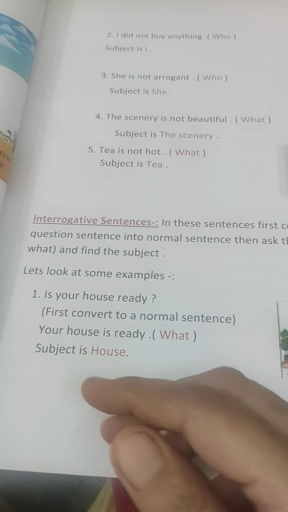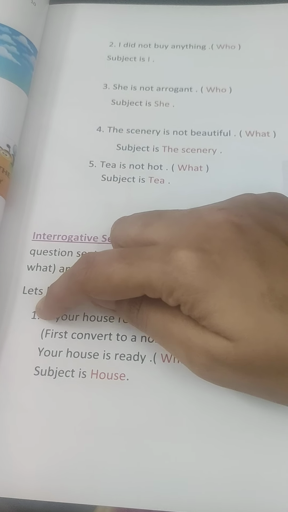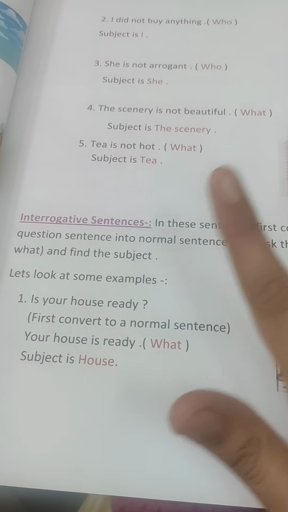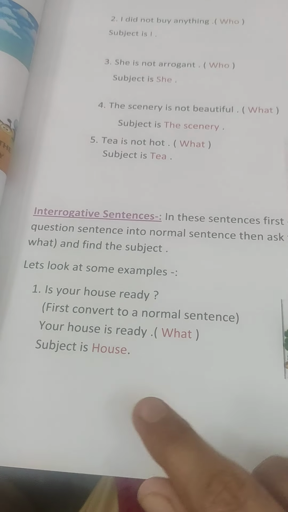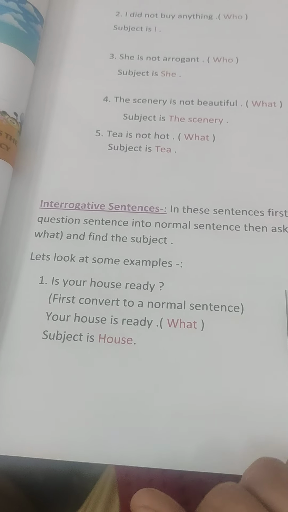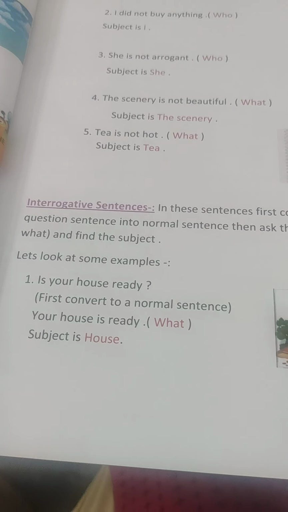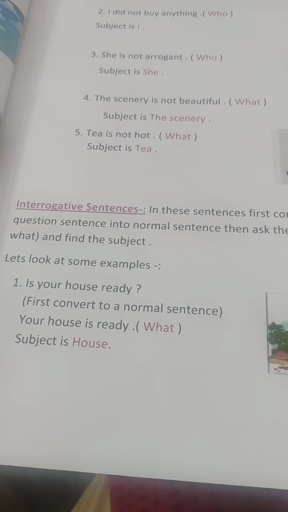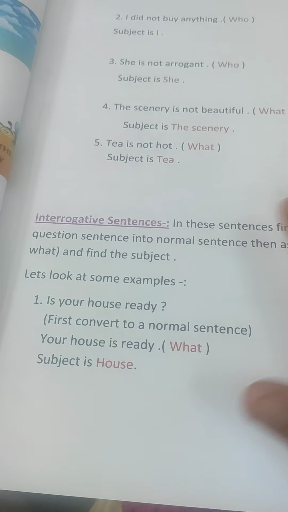Your house is ready. You just need to put the first word in between so that it should be a normal and a complete sentence. Now tell me, in this your house is ready, about whom we are talking?